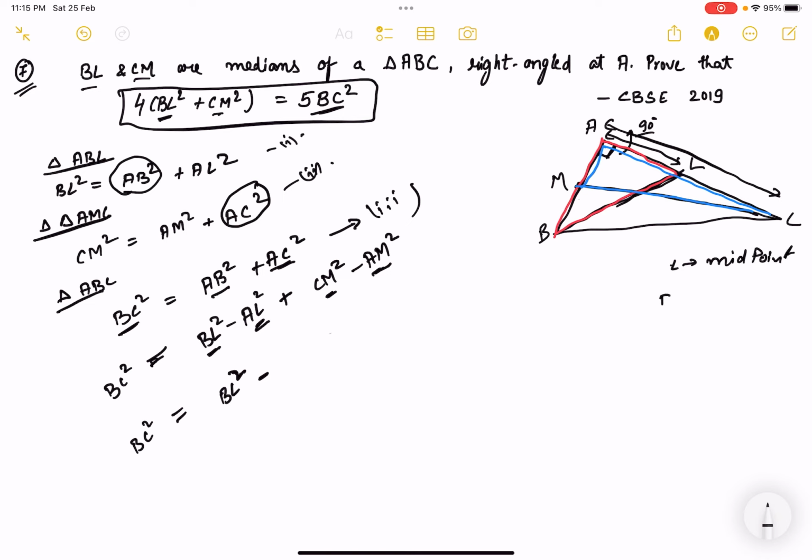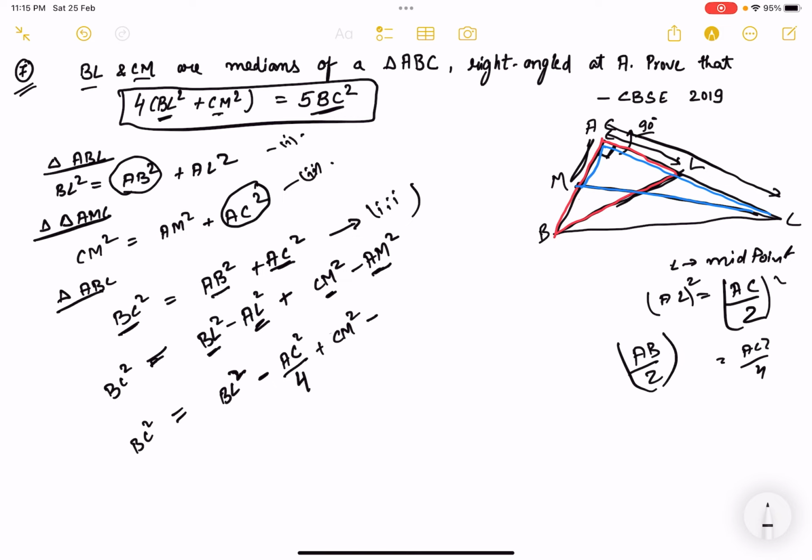So we'll substitute AL as AC by 2; we'll square this, so it will become AC square by 4, AL square. Similarly, we have CM square minus AM square. AM we will write as AB upon 2. So let's substitute the value of AM square. We have AB square by 4.